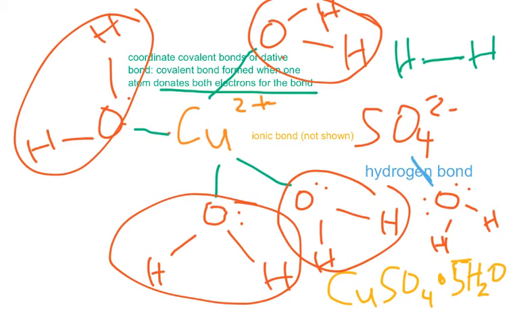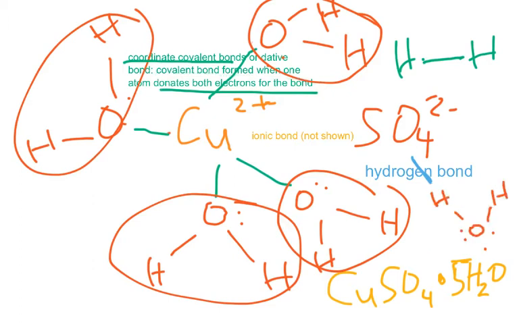On the other hand, these coordinate covalent bonds happen when this oxygen atom donates both electrons in order to create a bond with copper. And this will be discussed in a video about complex ions. Right now we don't have to get into this that much. Just know that a coordinate covalent bond occurs when one atom donates 2 electrons.